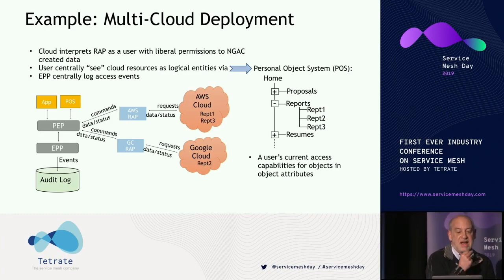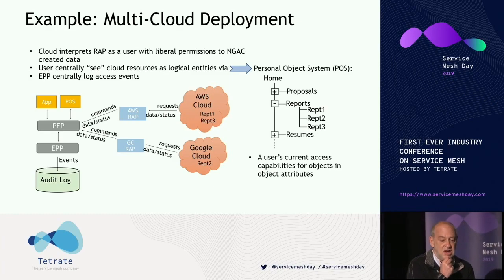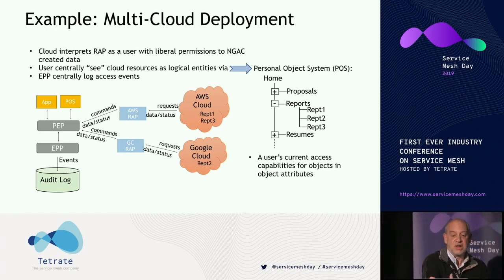But the user can actually see the resources that they have access to in advance of doing an access control check. So we're able to see the resources that he has access to across a multitude of clouds, and that can be structured in any way you want it to be.